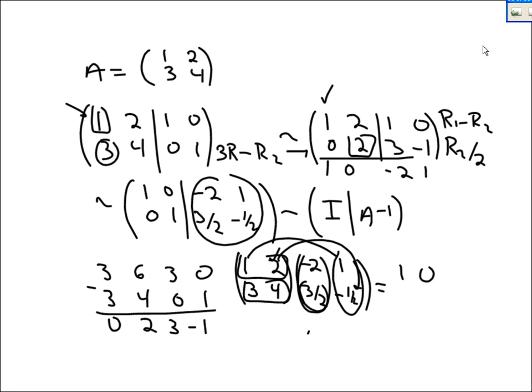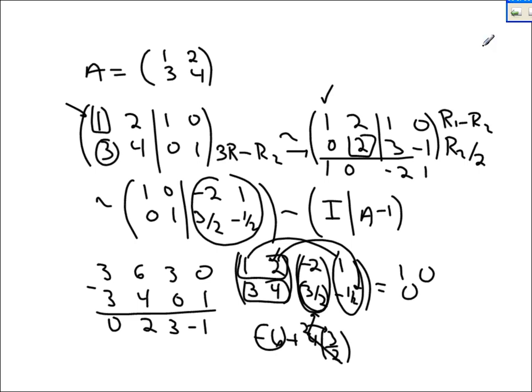Second row, first column. 3 times negative 2 is negative 6, plus 4 times 3 halves. But 4 times 3 halves is 6. 2 times 3 is 6. Negative 6 plus 6 is 0.